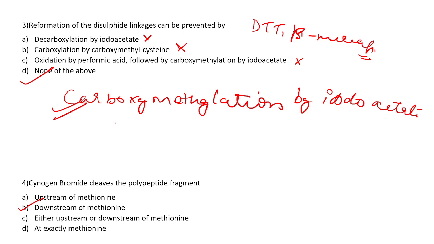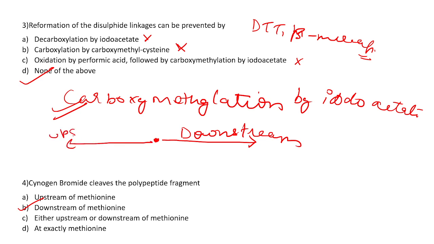If you have studied molecular biology, then you know that if this is your start point, then anywhere after it is known as downstream. So if this is methionine, after methionine it cleaves.